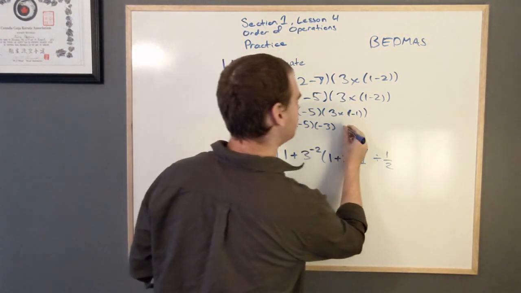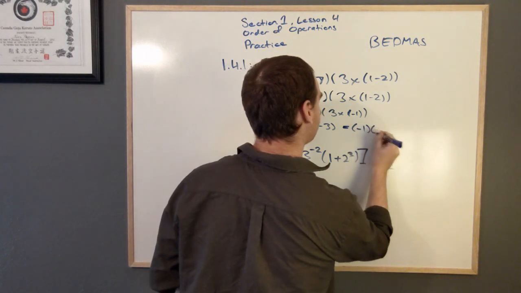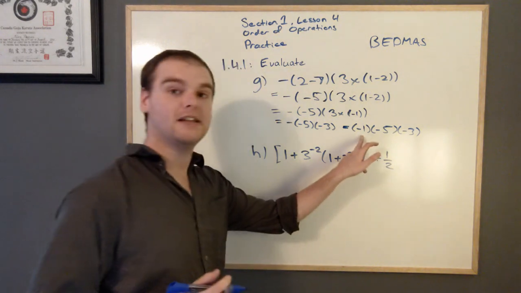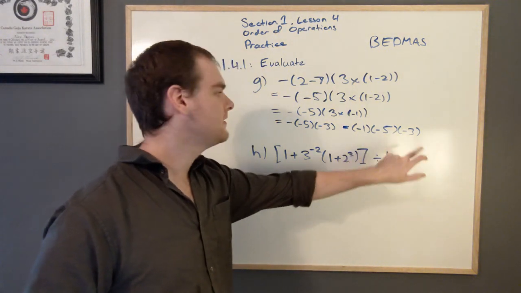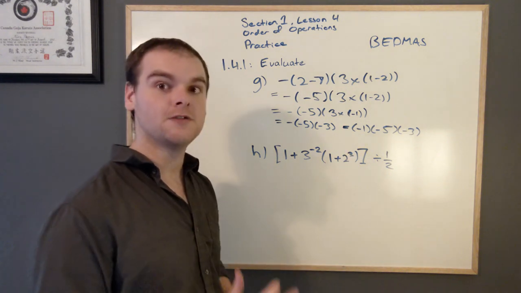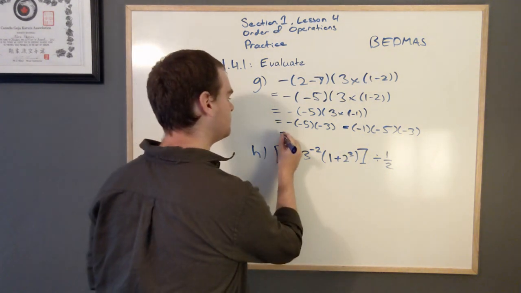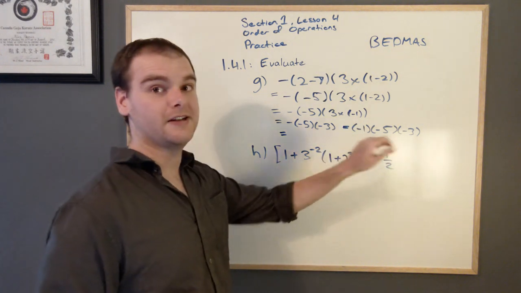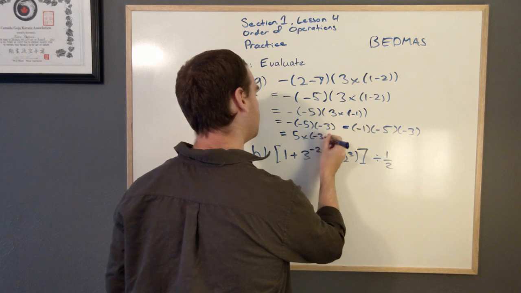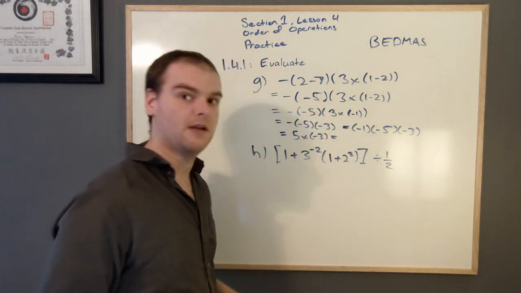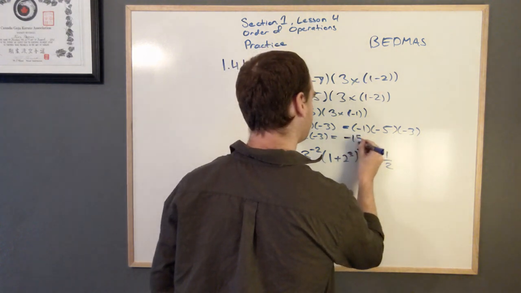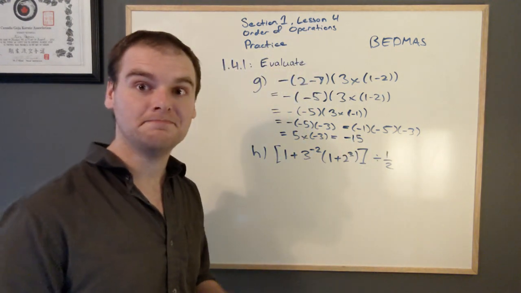So this is actually negative 1 times negative 5 times negative 3. So we just do the multiplication from left to right. Negative 1 times negative 5 is 5. 5 times negative 3 is negative 15. And we're done.